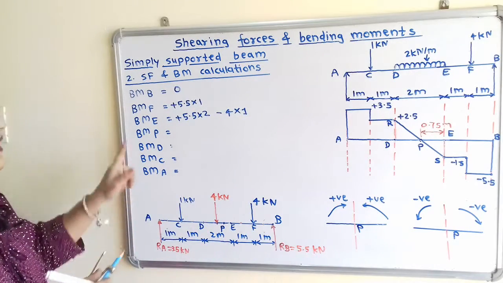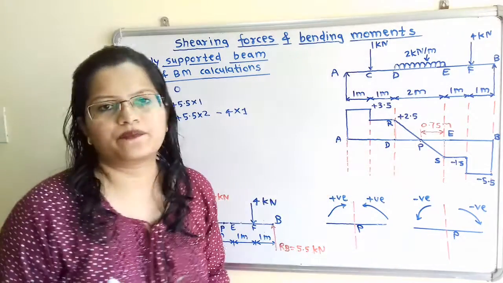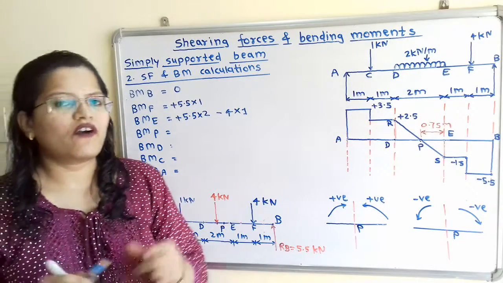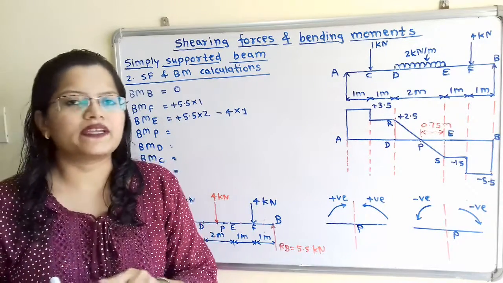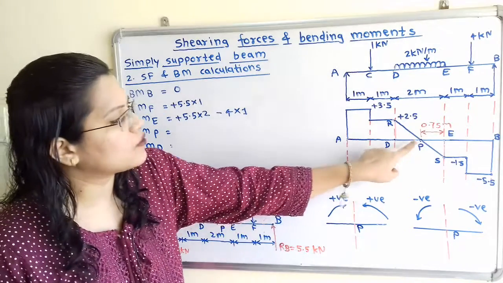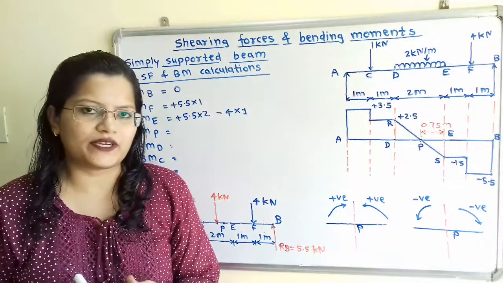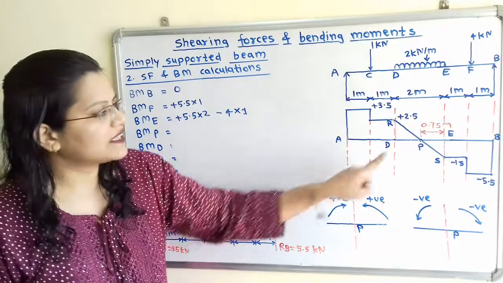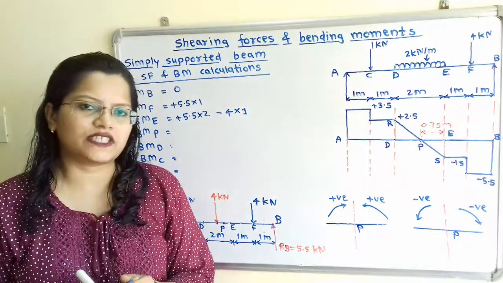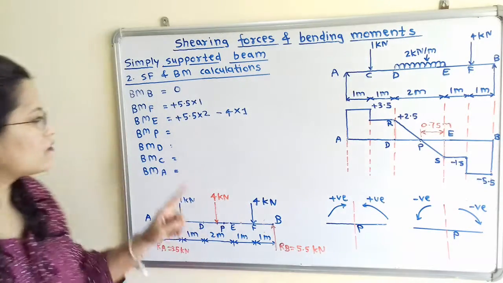Now next is bending moment at point P. This is the point of maximum bending moment, and it is necessary to calculate bending moment at point P, because at this point shear force is 0. So how to calculate this?